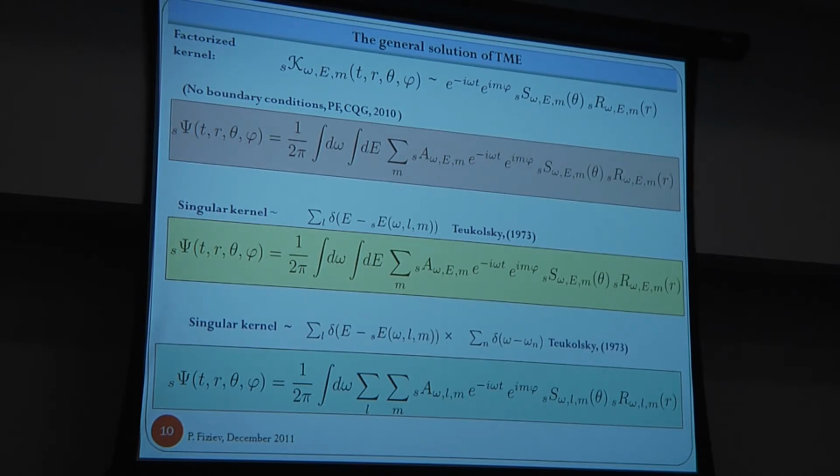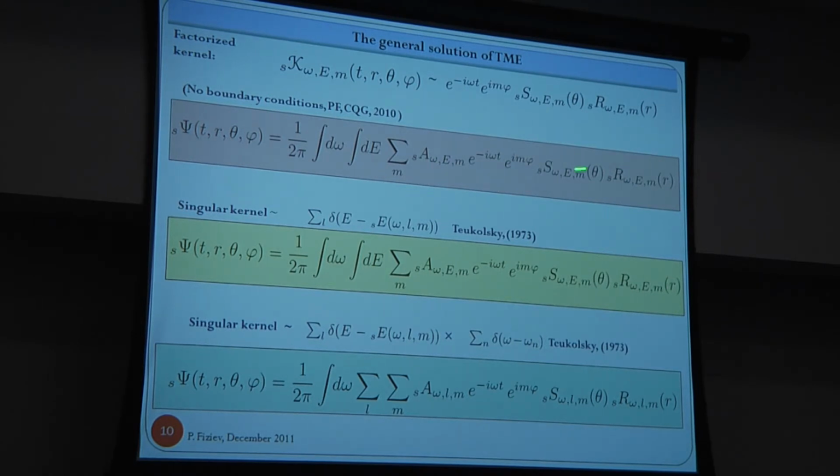The first one was the boundary condition for the angular equation, and Teukolsky and almost all people after him assume a regularity condition for the angular function, this theta S function. And for the radial equation, we usually use black hole boundary conditions. This means that we are considering waves which go into the horizon or to infinity, no back waves from the horizon at all.